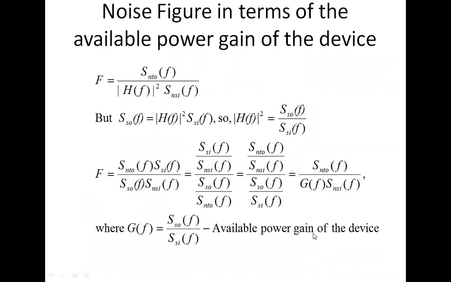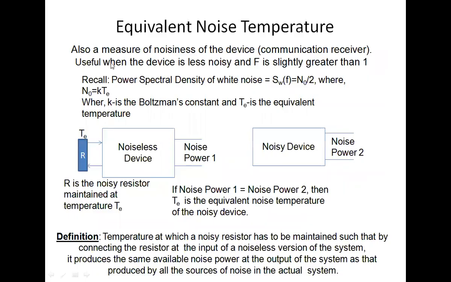In that case, it is not worthwhile to define the noisiness of the device using noise figure. Instead, we can use another measure, known as equivalent noise temperature. This is useful when the device is less noisy, that means F is slightly greater than 1.